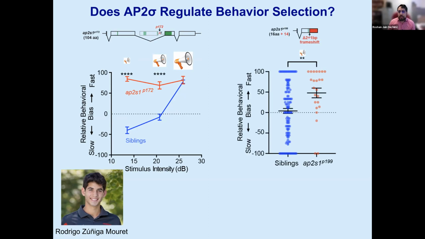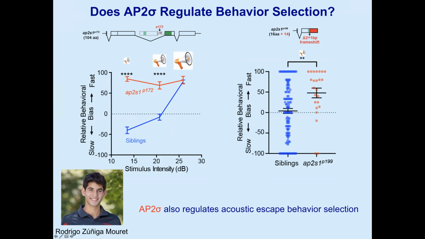And so when we looked at our presumptive null allele here, we find a similar shift in their response bias, where they still do perform some of the slow behaviors, but at low intensity stimuli as well as high intensity stimuli, they shift their behavior towards these fast ones. All right, and so this indicates that the AP2 complex does seem to be regulating acoustic escape behavior selection as well as the modulation of learning.